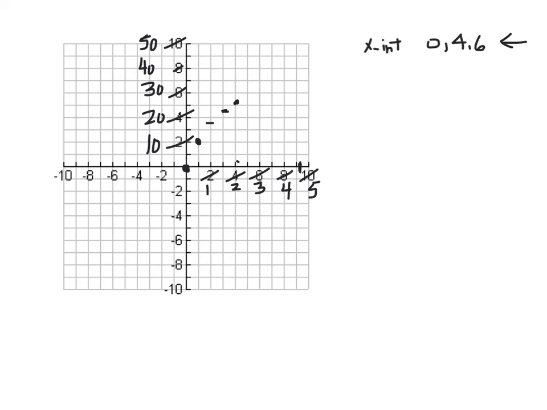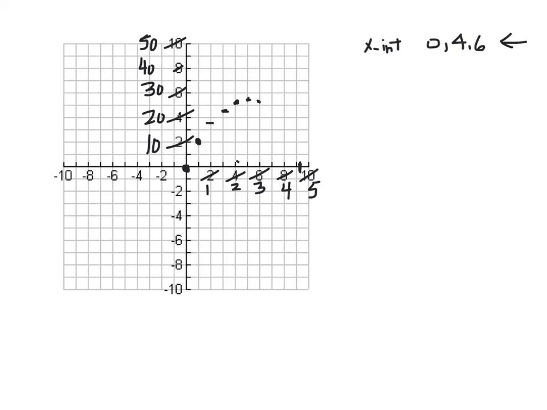When x is 2.5, y is 25.725, about 25.7, which is somewhere around here. When x is 3, y is 23.52. This means that the ball is coming toward the ground, so it's turning. So 23 is going to be around here.